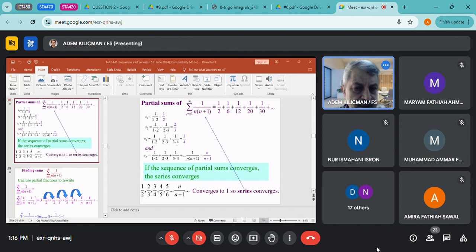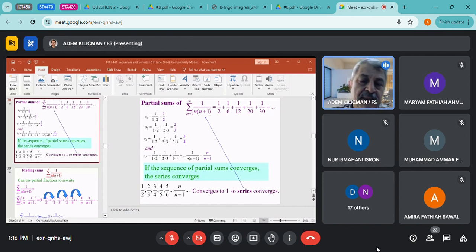Okay, n times. The bottom is n plus 1. Like that. So this one is convergent, converges to 1. So therefore this series is convergent as well. But we don't know the value yet. So what is that number that the series converges to? We will now try to find that.